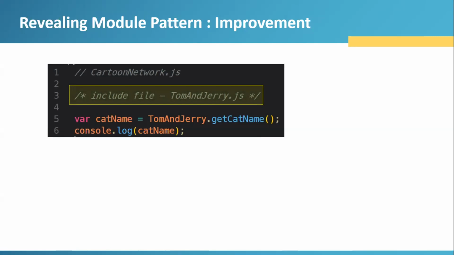So what we need to do is load the file CommonJS and run it so as to make the Tom and Jerry object ready for consumption, and then in cartoon network.js we can consume that Tom and Jerry object, right?